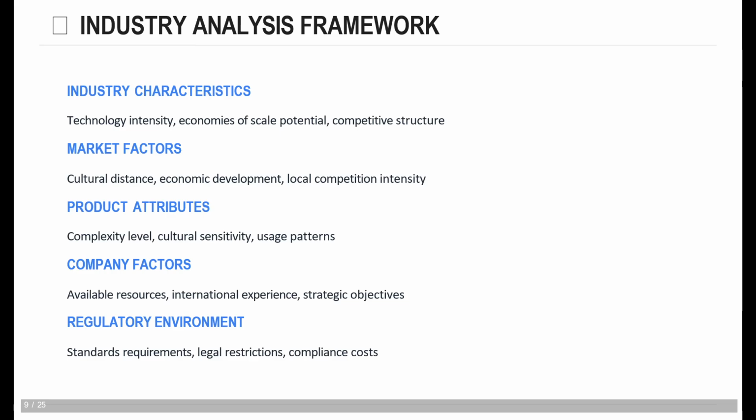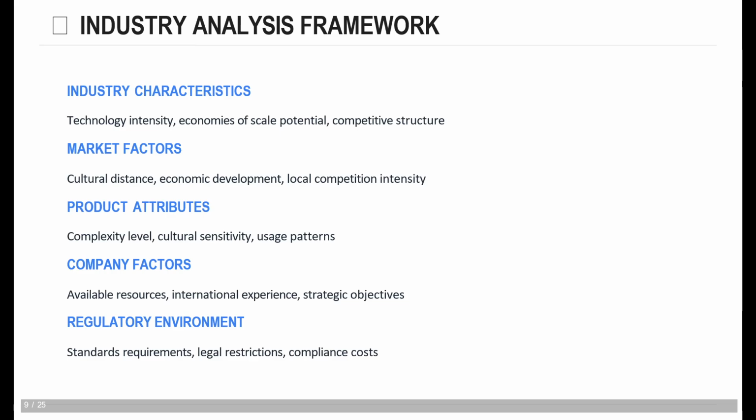Industry analysis framework. Before deciding on standardization or adaptation, companies should analyze industry characteristics. Is the industry technology intensive? Are there opportunities for economies of scale? Is competition global or local?